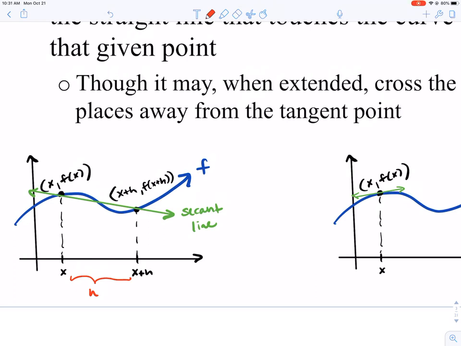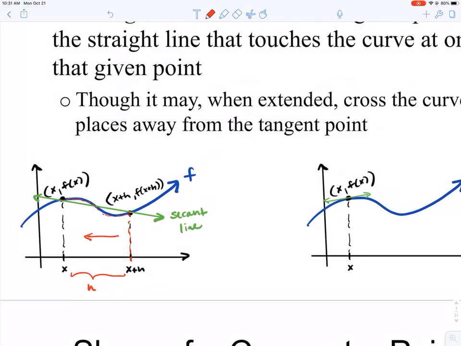So we talked about, for estimating the instantaneous rate of change or the slope of the tangent line, thinking about making h smaller and smaller and smaller. So think about pulling this point in closer and closer to the point x comma f of x. Right, so pulling that point along the curve so the interval is getting smaller and smaller.